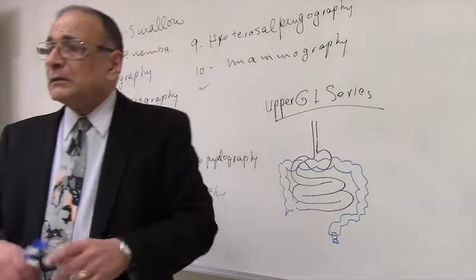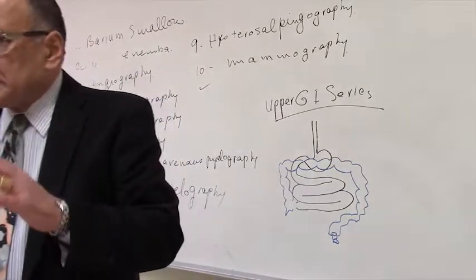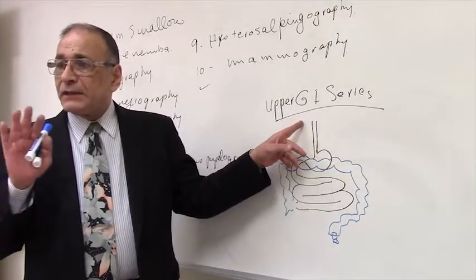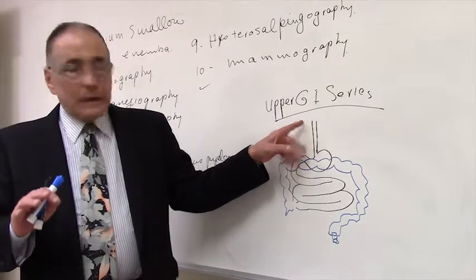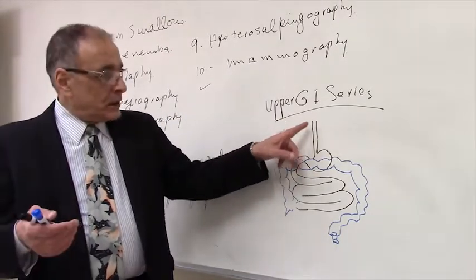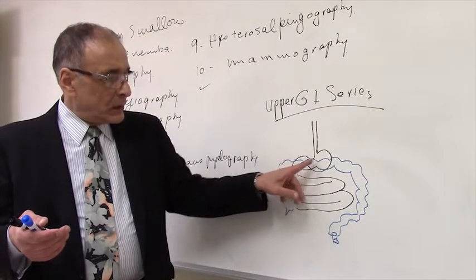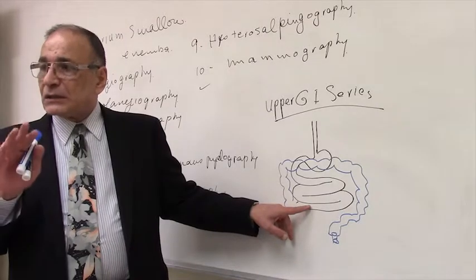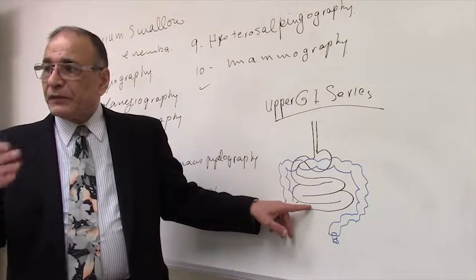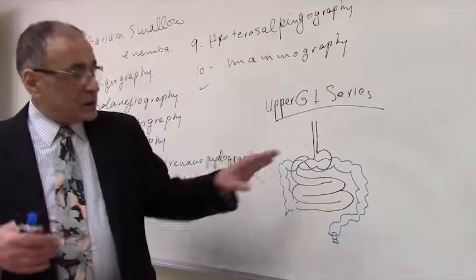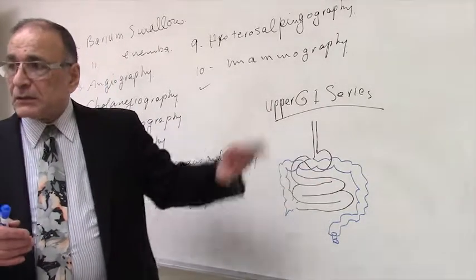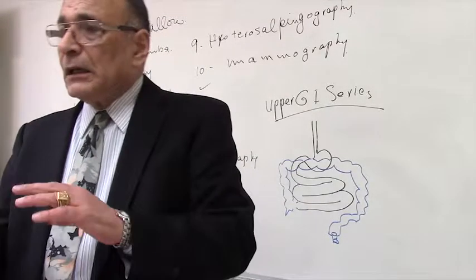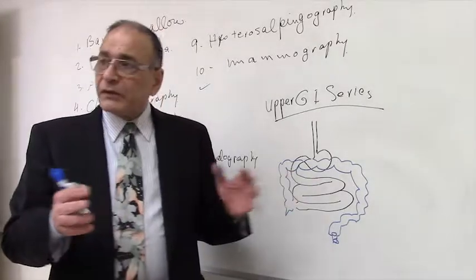They are called the upper gastrointestinal series. When you drink the barium sulfate and they take several X-ray shots, imagine the barium sulfate moves from here to here, and then to here, right? Taking several shots after 5, 10, 15 minutes, they can visualize the whole upper gastrointestinal series. Usually they turn the patient from side to side to see the organ from different angles.